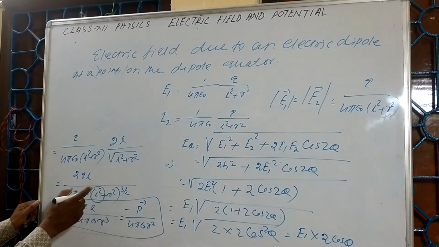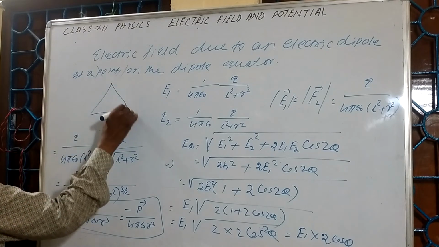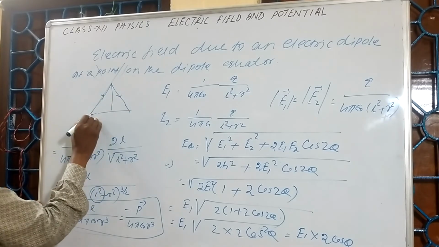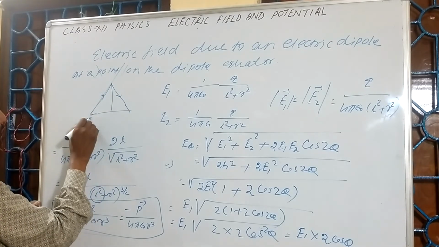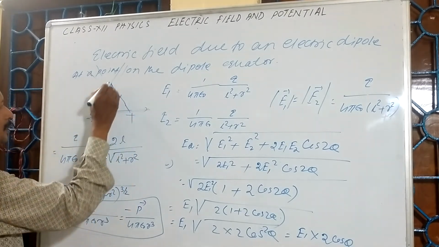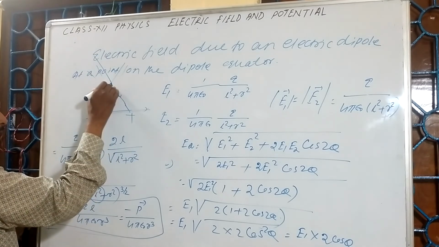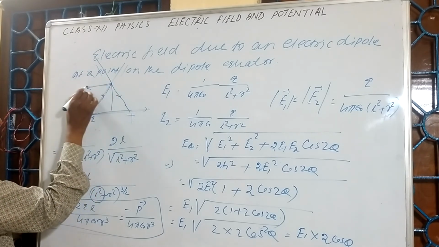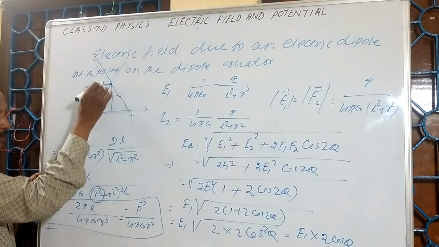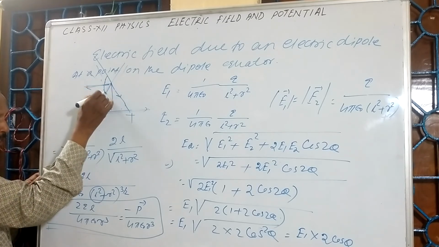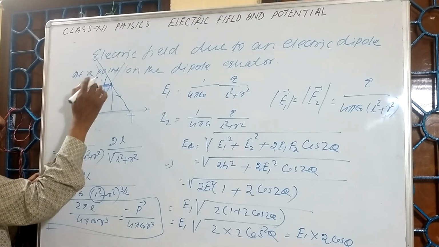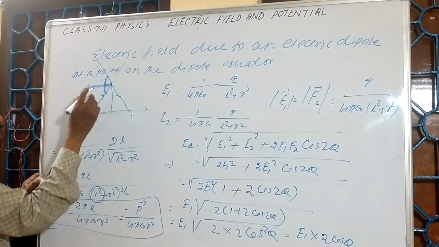Why have I taken minus P? The fact is that this is the negative, this is the positive. The direction of the dipole moment is like this, but here the resultant field direction is opposite, because this is an isosceles triangle. These two angles are equal, total 2 theta, but theta and theta, definitely the resultant will be the bisector of this angle and in the opposite direction.